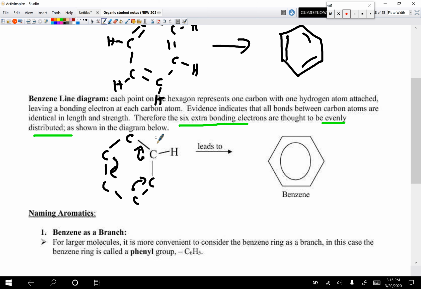So instead of having it static right here with all double bonds, sometimes benzene is represented like this, with this circle indicating rotating double bonds, or the electrons in those bonds just rotate around. So this is why they have their own different family known as aromatics. And even when we get into reactions, they are not going to react the same way as alkenes or alkynes will, because of this rotating double bond on the inside.